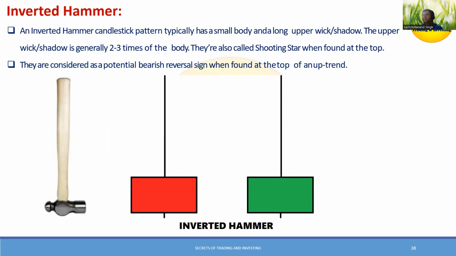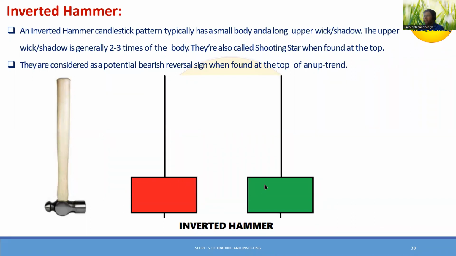As we learned about the hammer, it is just the reverse of the same candle. In the bullish hammer, the solid part of the candle was up, whereas in the inverted hammer, there is a longer wick on the upper side and the body is at the bottom.